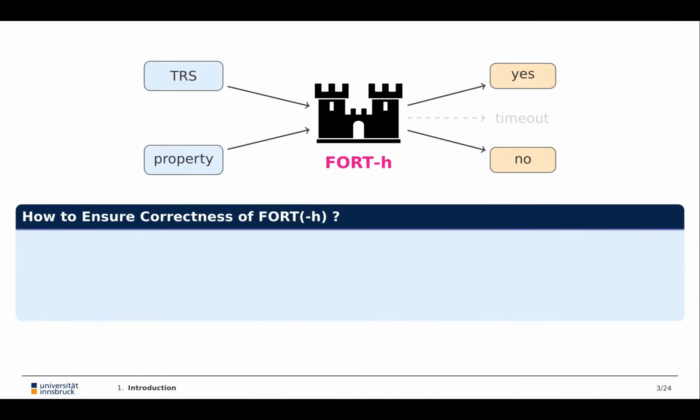Of course, when using these tools, the question arises how correct the results are that we get. To ensure correctness, this is our approach. First, we want to formalize the underlying decision procedure in Isabelle/HOL, our proof assistant.